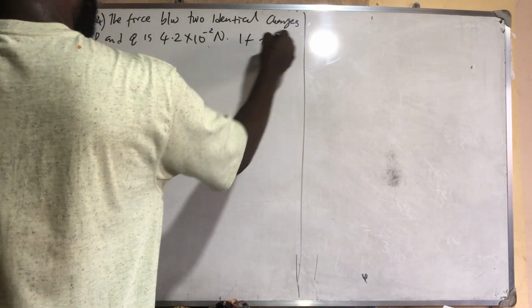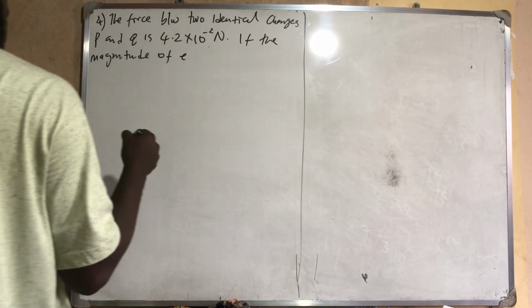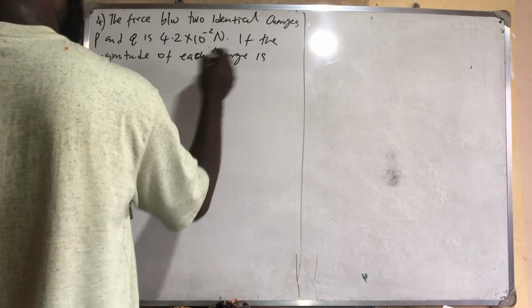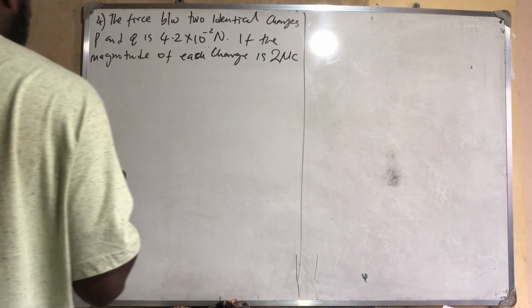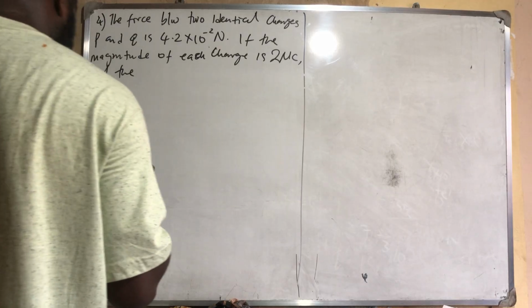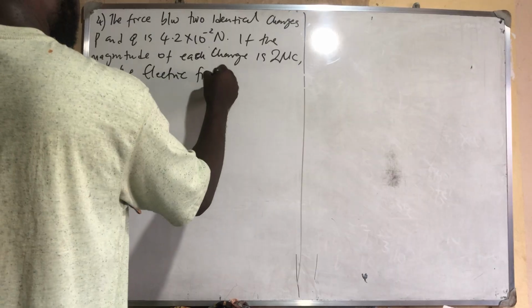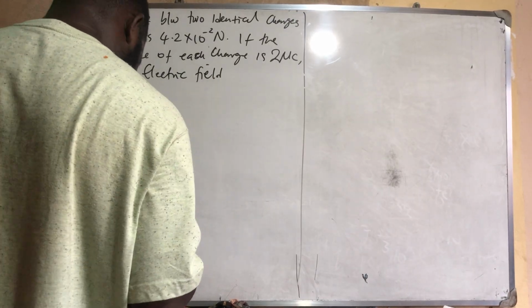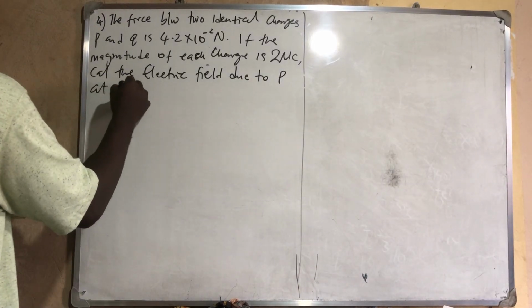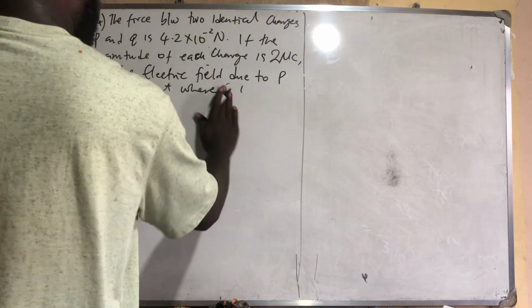They say if the magnitude of each charge is 2 μ coulomb, calculate the electric field due to P at the point where Q is situated.